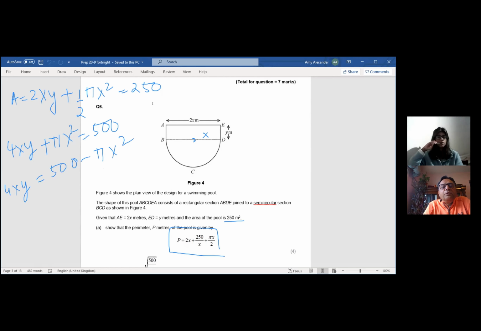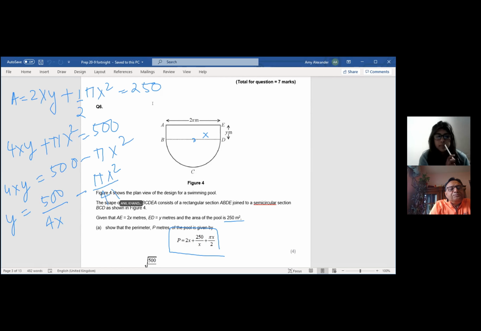Let's worry about the perimeter. We have to isolate y in any case. So we have y equals 500 over 4x minus pi x squared over 4x, correct?